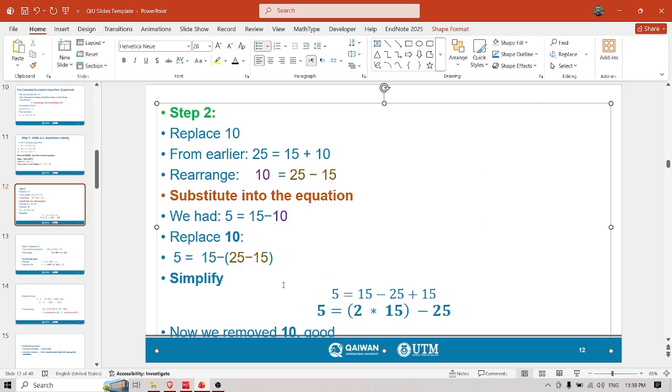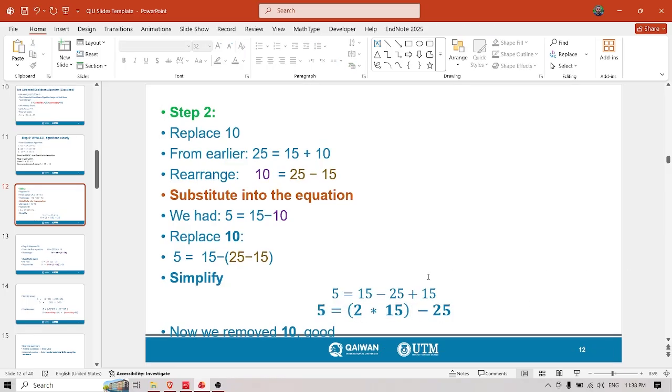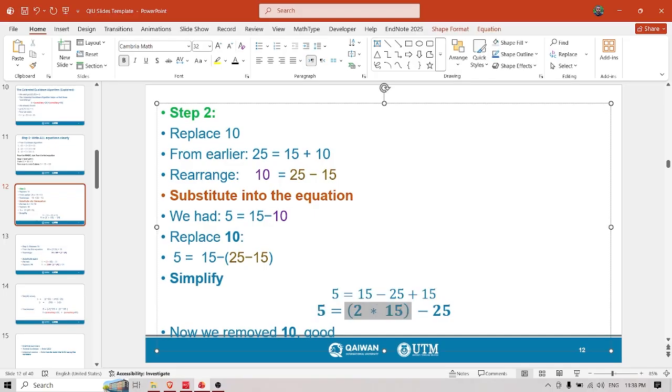Now if we simplify it, we will have 5 is equal to 2 multiplied by 15 minus 25. 2 multiplied by 15 is 30, minus 25 is equal to 5, and then 5 on this side will be 5 again. It is the same. Now we removed the 10. Which 10? This 10. We removed it.